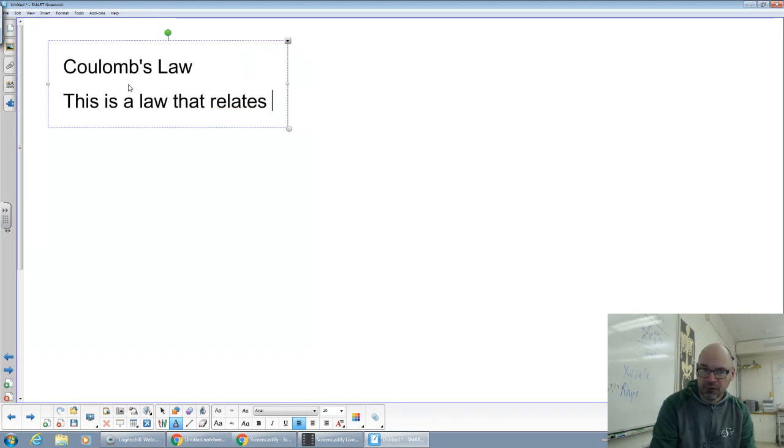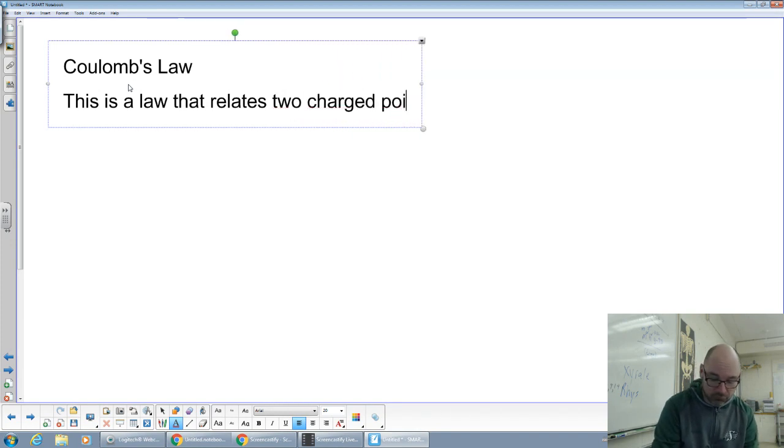It relates two charged points, we'll say point objects, we'll call them.